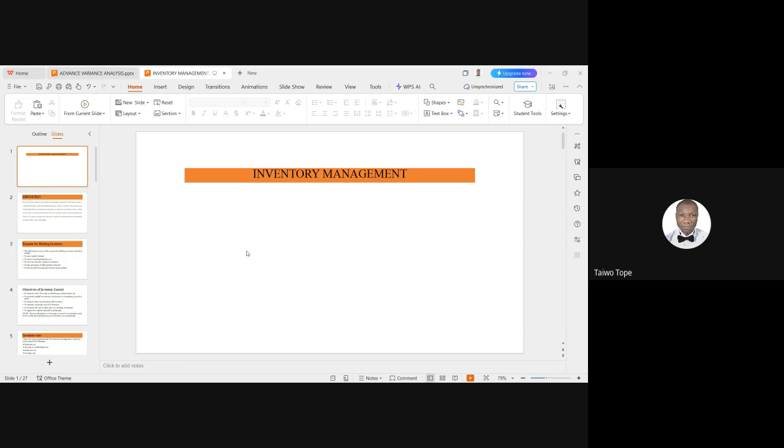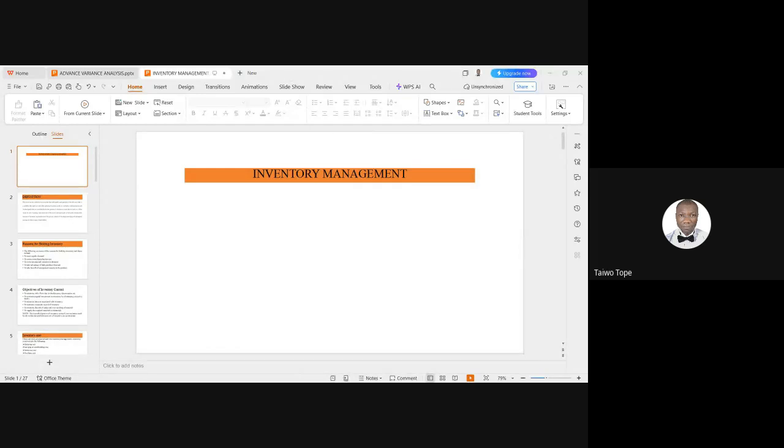So tonight we are going to pick one aspect of the working capital and we're going to be talking about inventory in today's class, talking about inventory management.